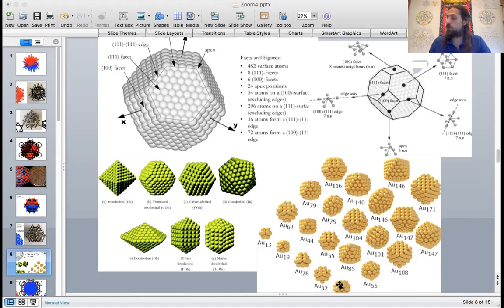The truncated octahedron is down here. Here's the truncated octahedron right here. Regular cuboctahedron, octahedron. So this is gold. We're talking about atoms, and these are packed with these little spheres, okay? Now, the Flower of Life is just showing you one holographic view of that.